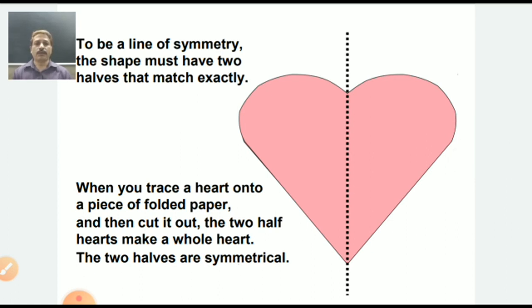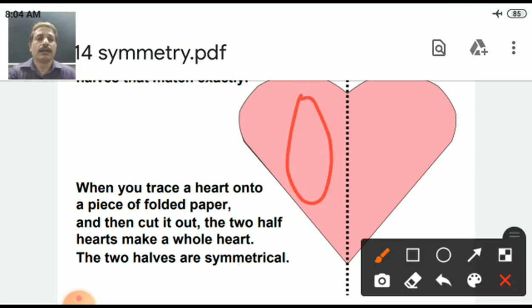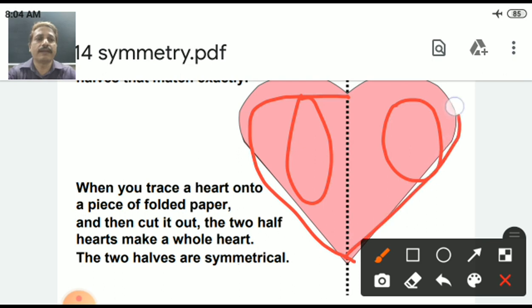The 2 hearts make a whole heart. Isn't it? The 2 halves are symmetrical. Whatever the left part is, this is the right part. Both are at equal distance. So when you open it, it will give us the same shape that you cut. Clear? Very good student, very good.